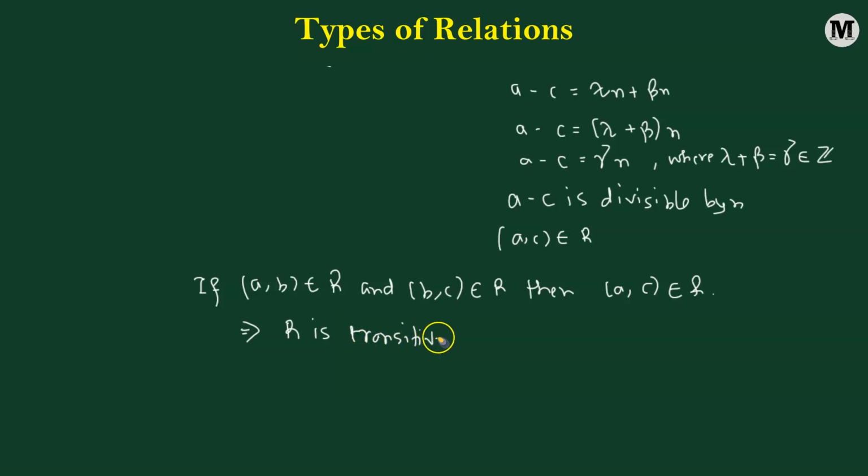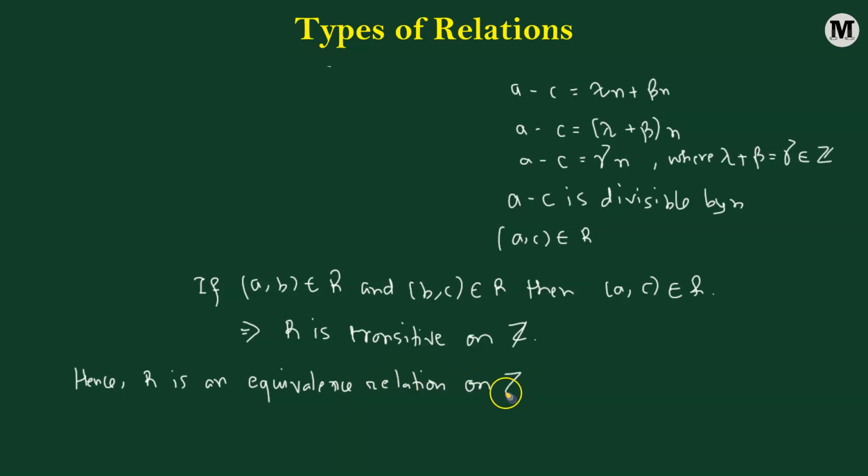R is a transitive relation on the set of integers Z. So hence we can finally say that R, since it is reflexive, symmetric and transitive, is an equivalence relation. It is an equivalence relation on the set of integers Z.